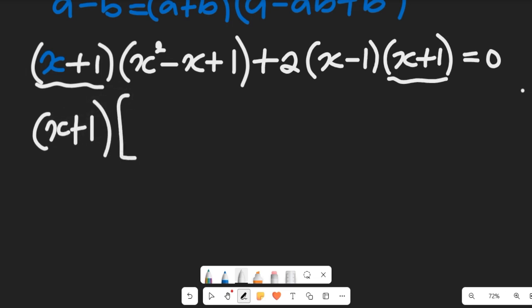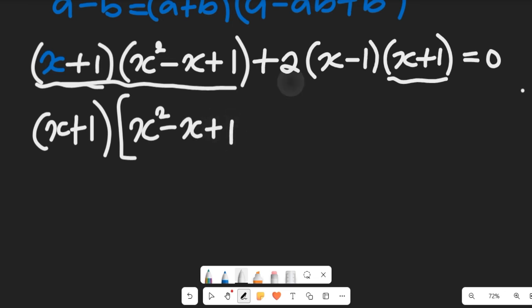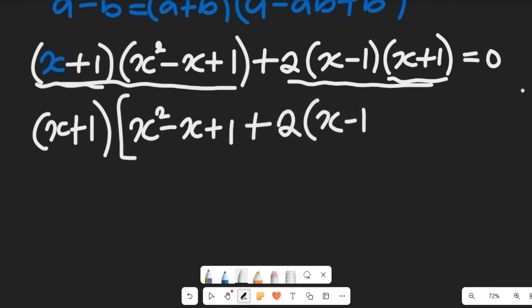Now all of this divided by x plus 1, I'll be left with x squared minus x plus 1, right? All of this divided by x plus 1, I'll simply be left with plus 2 multiplied by x minus 1, and all of these will be equal to 0.